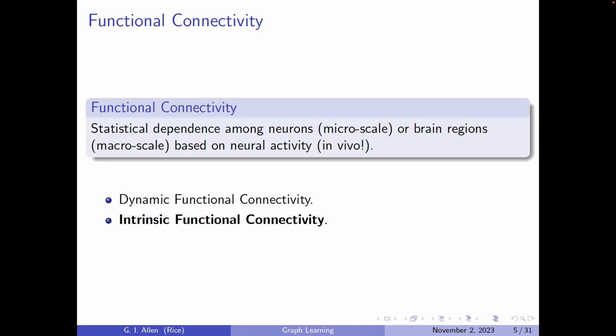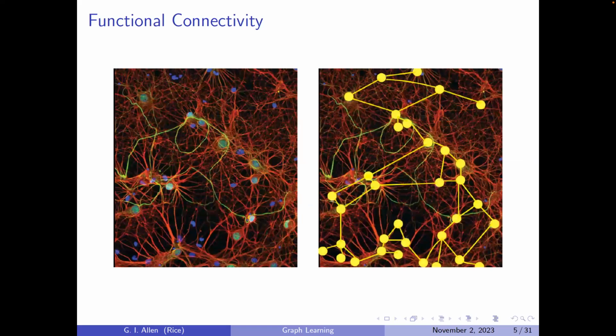Our goal is to find how the functional connectivity relates to structure, so we're going to be interested in the intrinsic connectivity. This is the connectivity that does not change over time and is static regardless of what the mouse is doing and what the stimulus is.